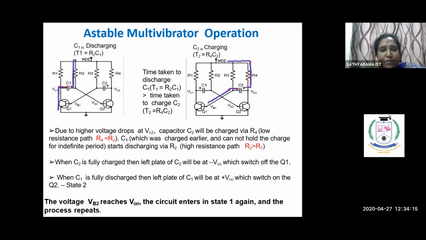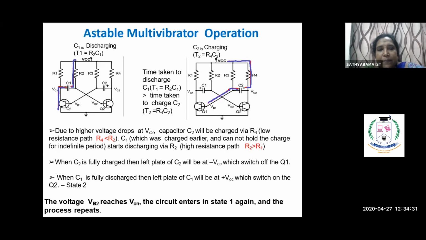Low resistance path means, comparing R4 and R2, R4 is less than R2. That's why this path is called the low resistance path.